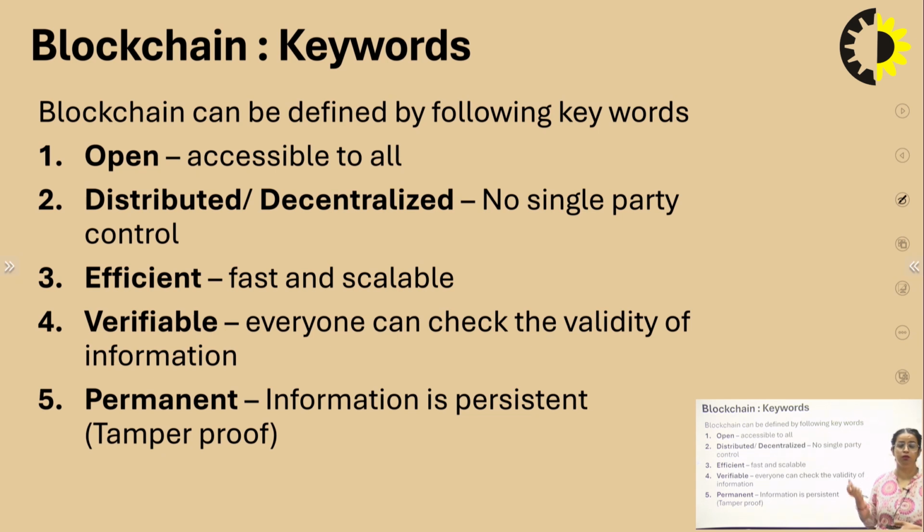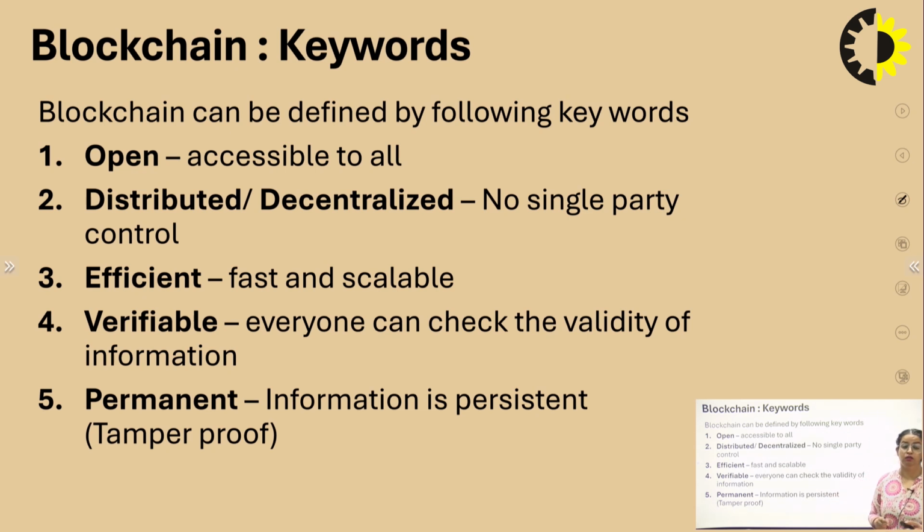And here are some important keywords for blockchain. Blockchain is open, that means anyone can access that data, it is accessible and open to all, and anyone can join the network. Then distributed and decentralized, meaning blockchain works on both decentralized and distributed networks. Then it is very efficient, very fast and scalable compared with the traditional system.